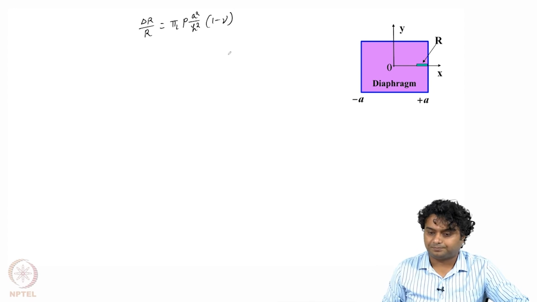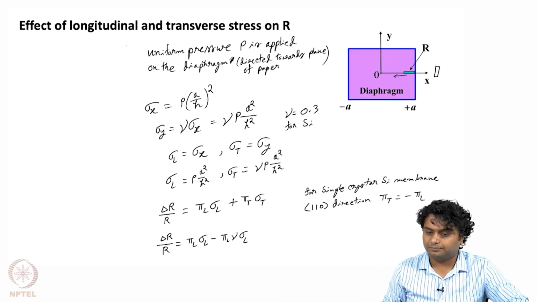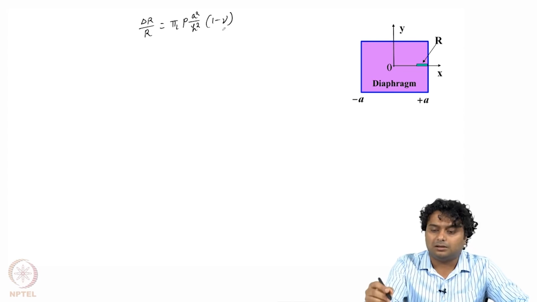We put in the sigma L value, take pi L into P into A square by H square common, and we have 1 minus nu.